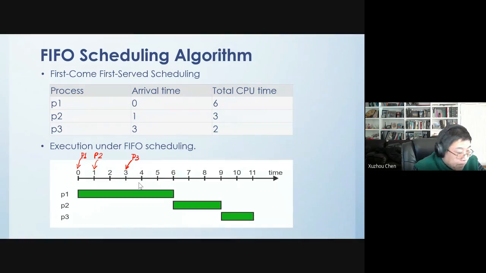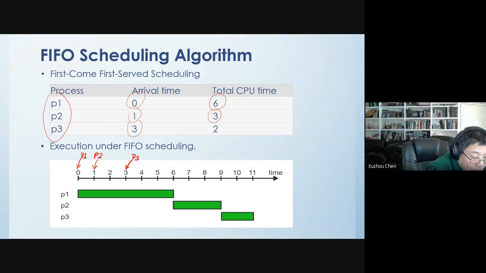Now this is an example. I have 3 processes, and these are the arrival times for each. Process 1 arrives at time 0, process 2 arrives at time 1, and process 3 arrives at time 3. The total CPU time for each process is 6, 3, and 2.